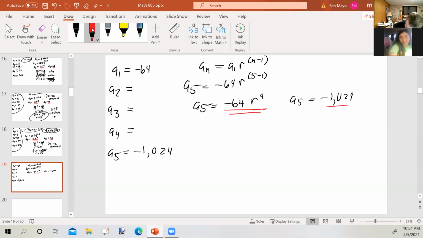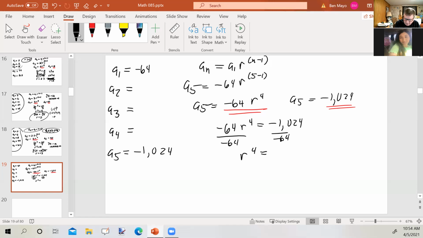So negative 64 r to the 4th equals negative 1024. To solve for r to the 4th, we're going to divide both sides by negative 64. So r to the 4th equals, well, let's see here. Negative divided by negative would be positive, and 1024 divided by 64 is 16. So I get positive 16 because the negative divided by negative would make it a positive number.